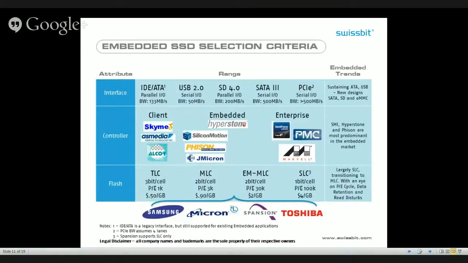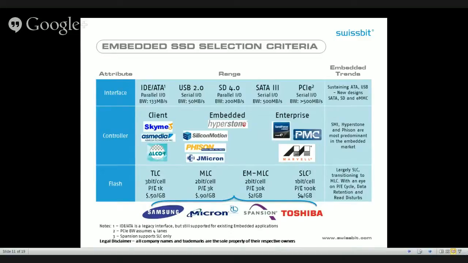On the next slide, we'll dig further into the embedded SSD selection criteria: the interface, the controller, and the flash. As we said, the interfaces for embedded applications range from ATA, or CompactFlash cards, through USB, SD, SATA, and PCIe.